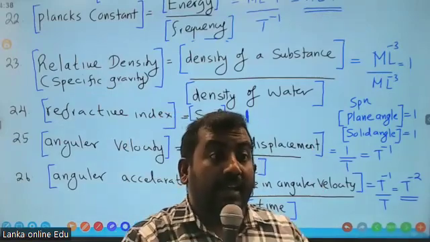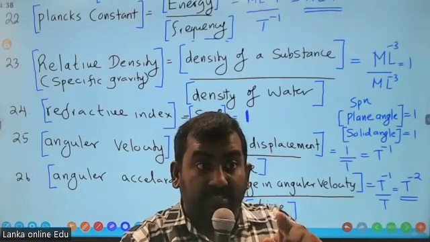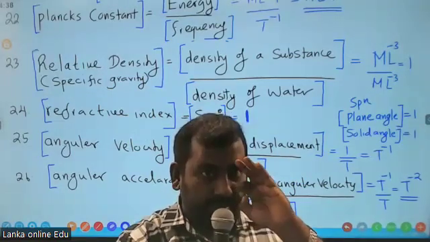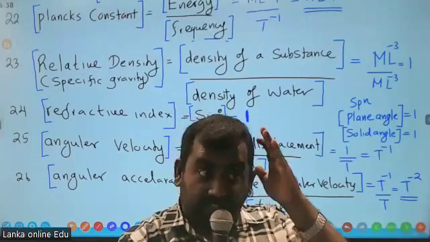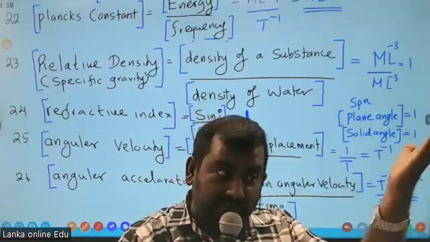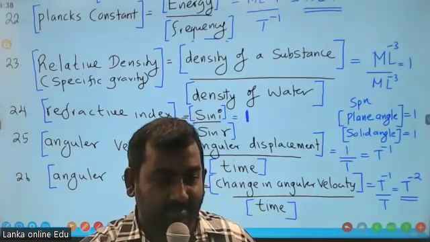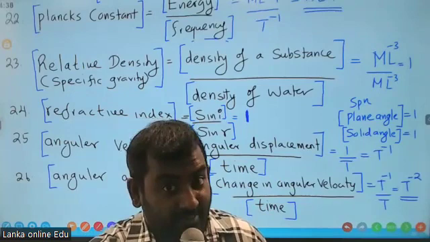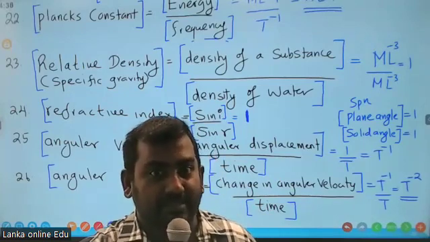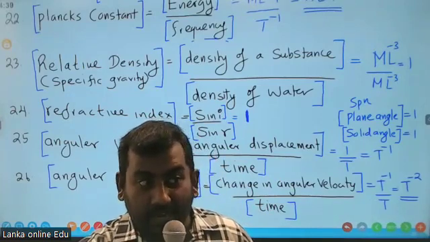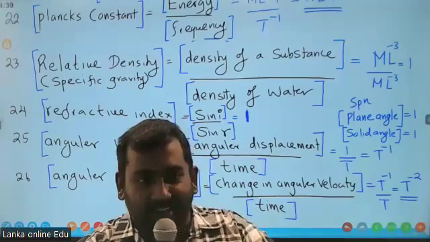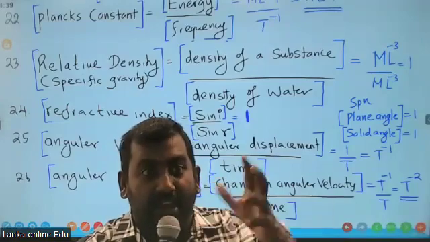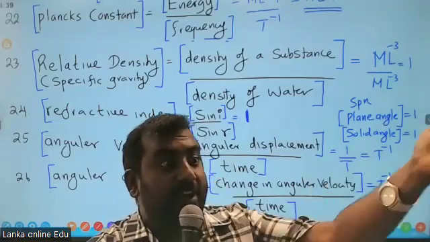Special note. There are some quantities with units but no dimensions. Example: plane angle, radians, solid angle, steradians. They have units, but no dimensions.